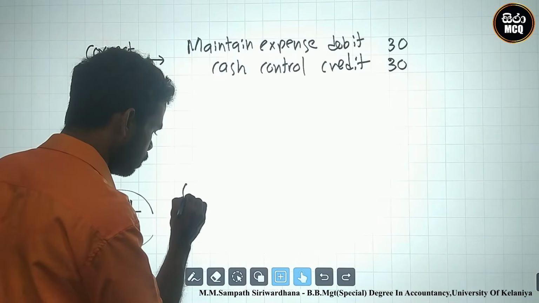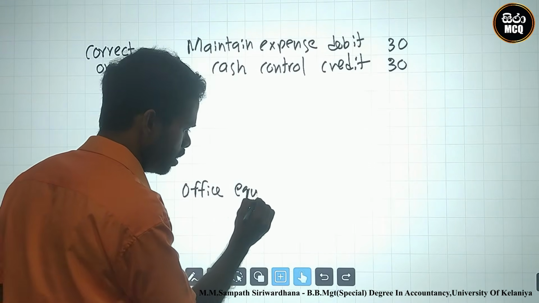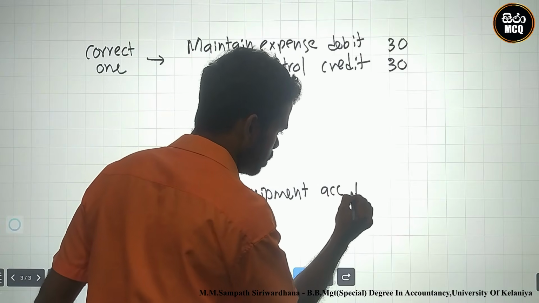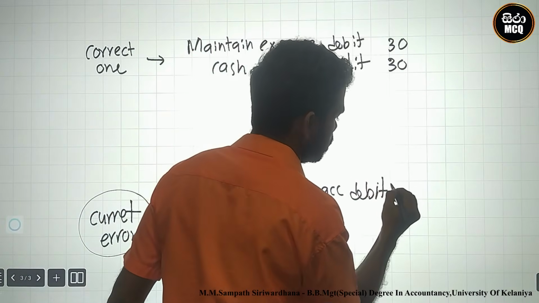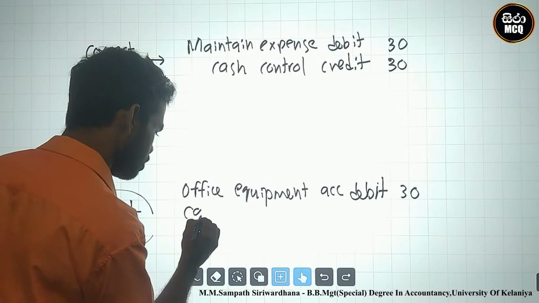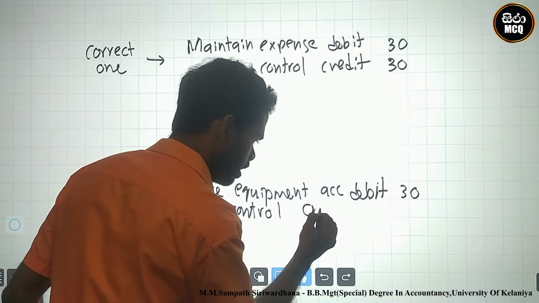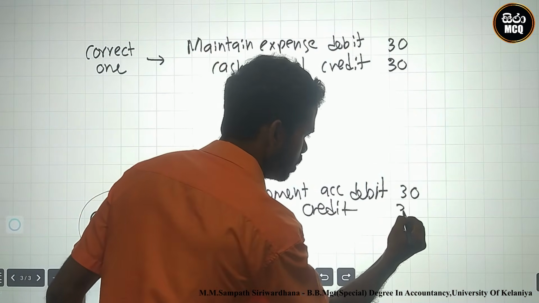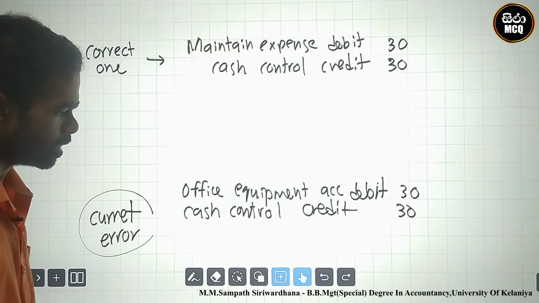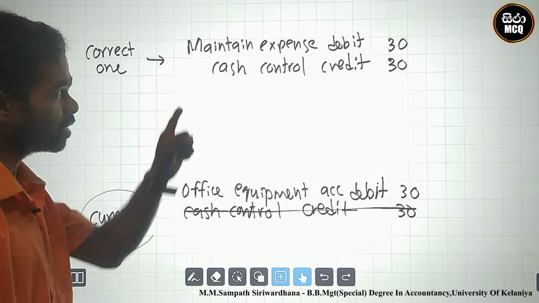They debited to office equipment account, debit 30,000. Credit to where? Cash control credit 30,000. You must cut the same person. What is the same person? Cash control credit already 30,000.